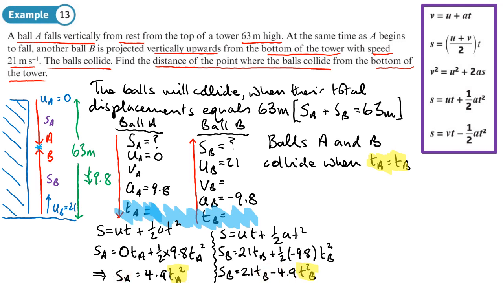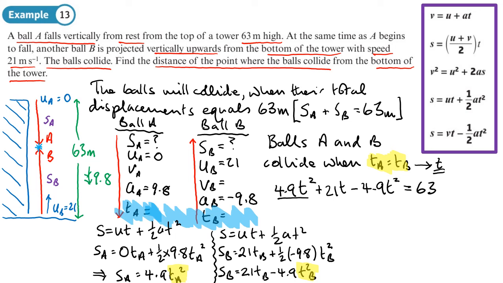SA plus SB equals 63. And we'll replace TA and TB with just t because it's going to be the same. So SA, which is 4.9 t squared, plus SB, which would be 21t minus 4.9 t squared, is equal to 63.